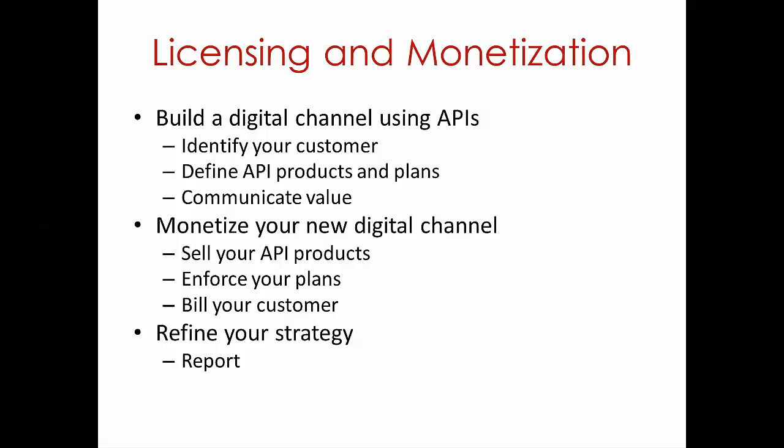And that means you need to be able to sell your API products, you need to be able to enforce the plans or terms of the license agreements that you have, and you need to be able to bill your customer. And last but not least, you need to be able to refine your go-to-market strategy over time. You need to be able to report on the use of licenses, and you need to be able to evolve them to the changing needs of the market.